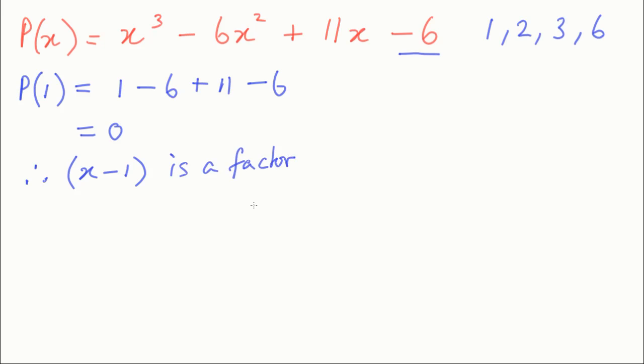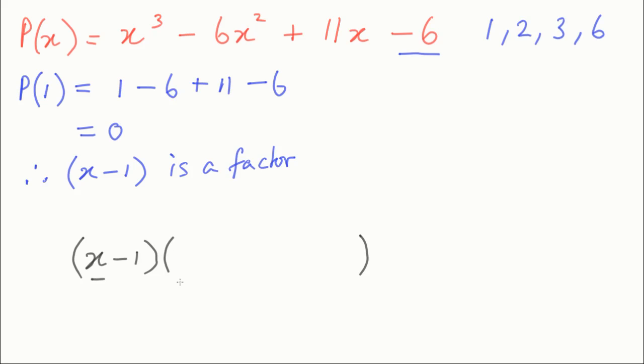And normally at this point you would use long division to find the other quadratic factor. However, I'm going to show you a much shorter way of doing it, which will save you a whole heap of time. So x minus 1 multiplied by something will give us the red polynomial at the top.